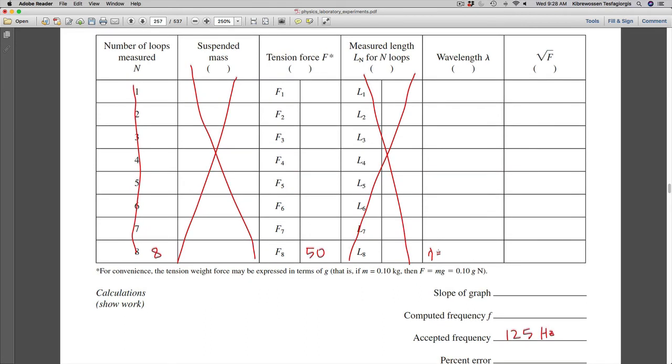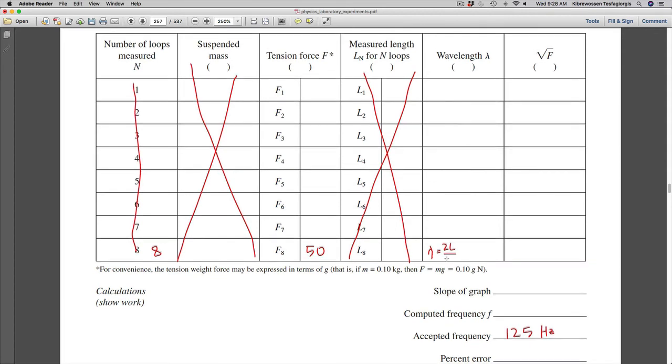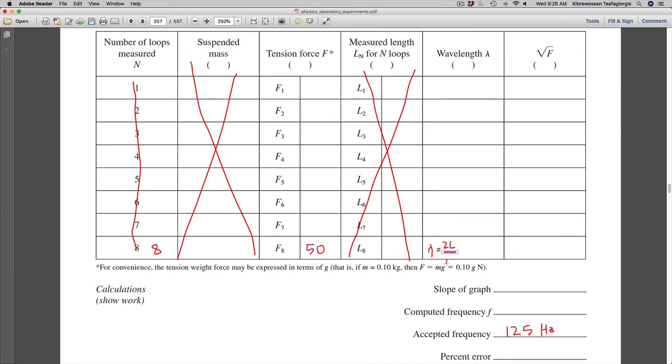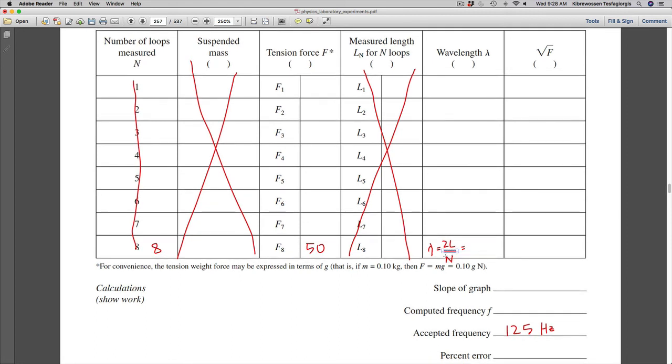Lambda is going to be equal to 2 times L, and you're going to use L constant throughout this experiment, divided by n. Okay, so how much would that value be? Keep in mind, lambda is equal to 2L divided by n.